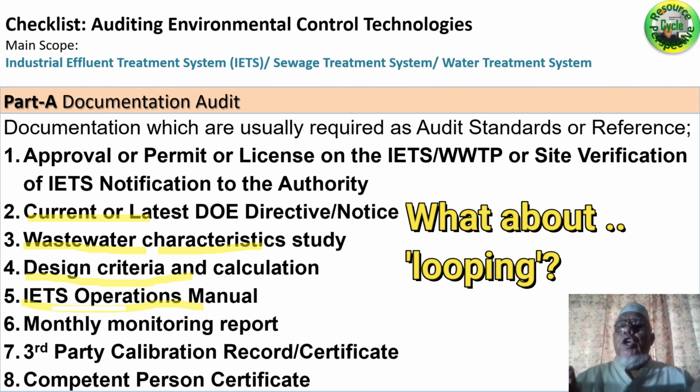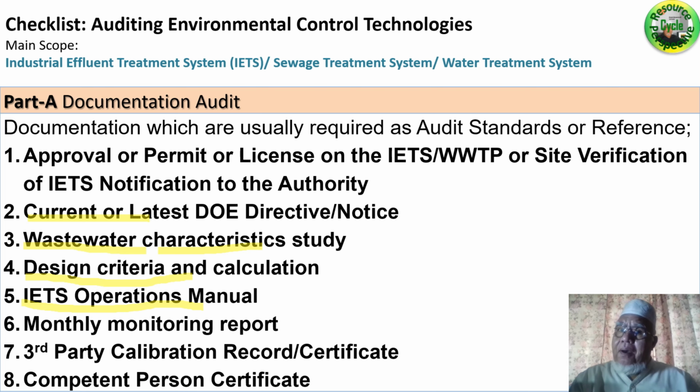However, unless you yourself do have a sound technical experience, then you may dig deeper. Hope you know what I mean. Remember, our objective here simply is to justify that the IETS operational staffs are following the manual. Done. Okay, let's take a look at the next one.